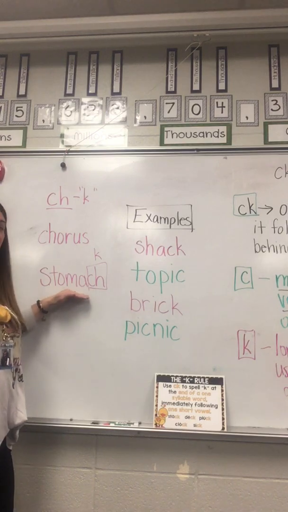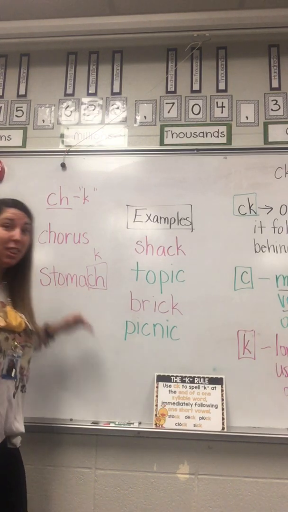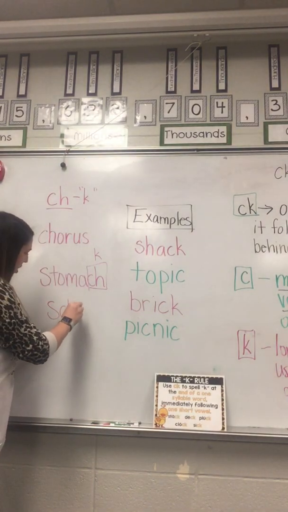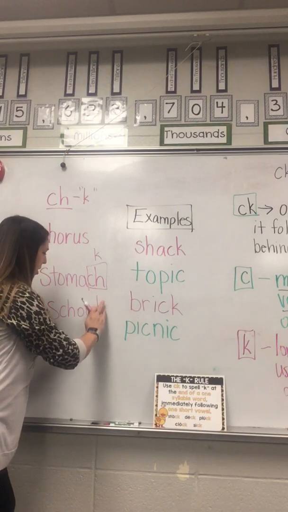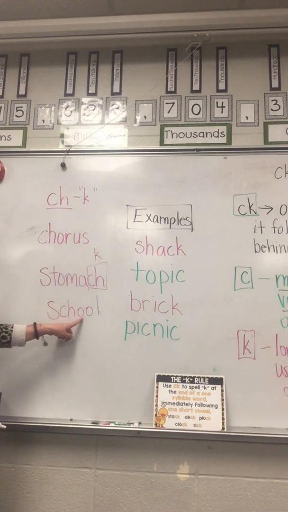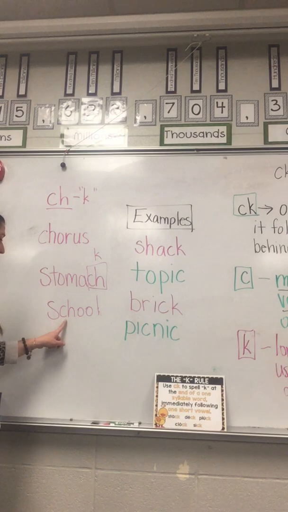So this is our exception to the rule. And there are lots of words, like for example, everybody should know this word. Oops. Let me not add extra letters. See, I have that K in my brain. School. School. It has the CH and it says the K sound.